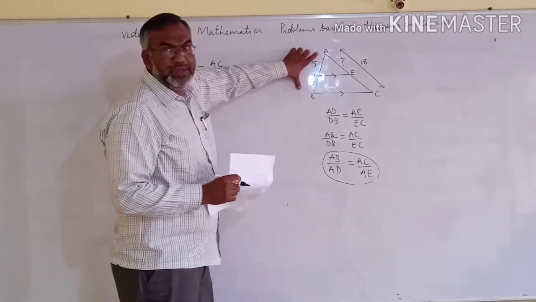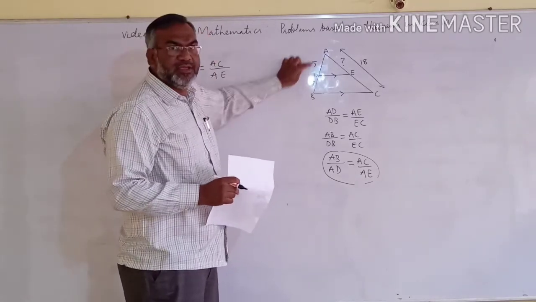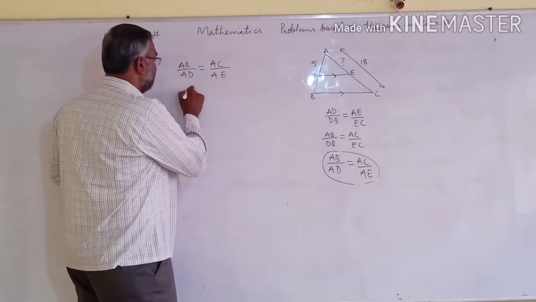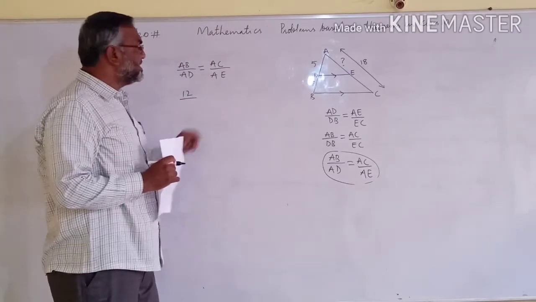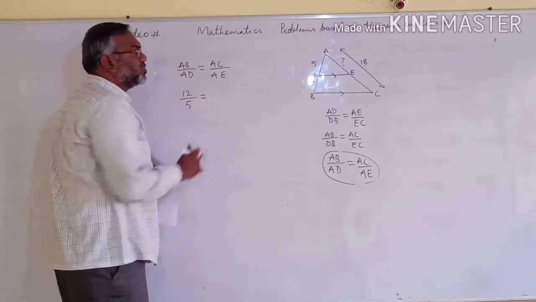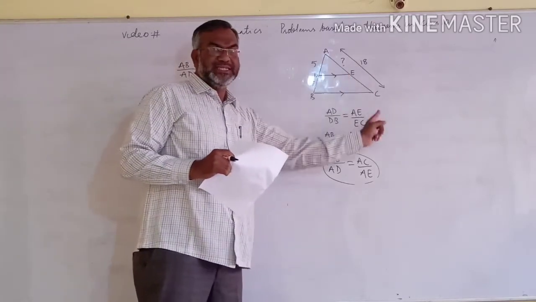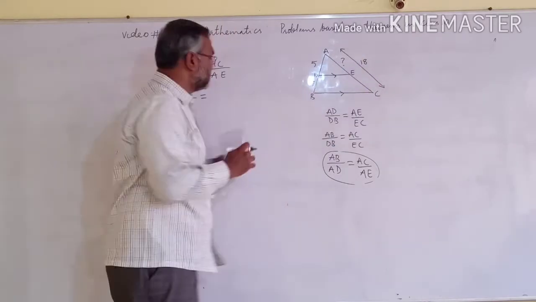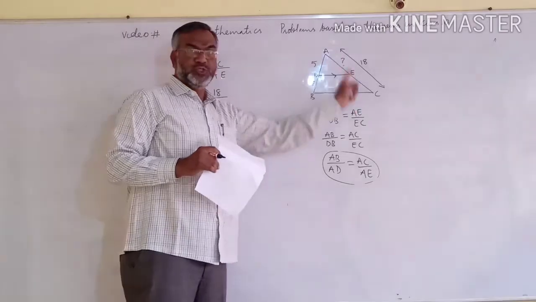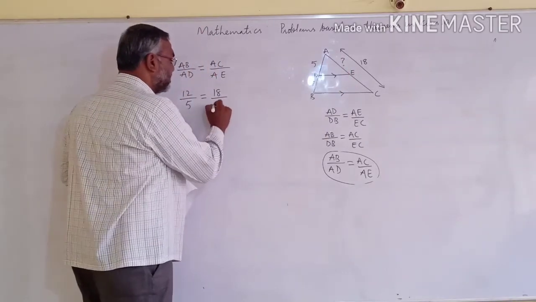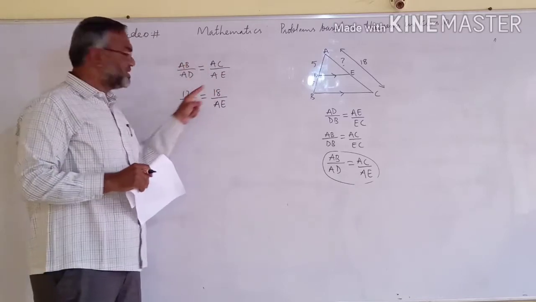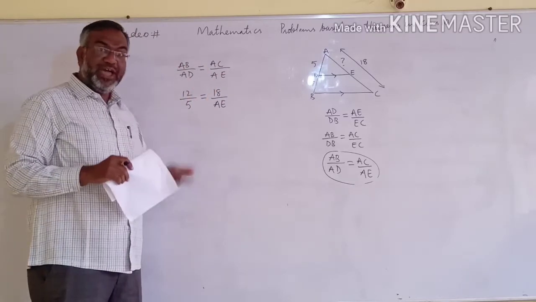Yes, 5 plus 7, the full length, that is 12 divided by AD, which is 5, equal to AC, which is given as 18, divided by AE. Do we know AE? No, we have to find it. Out of 4 quantities, 3 are given and 1 we have to find.